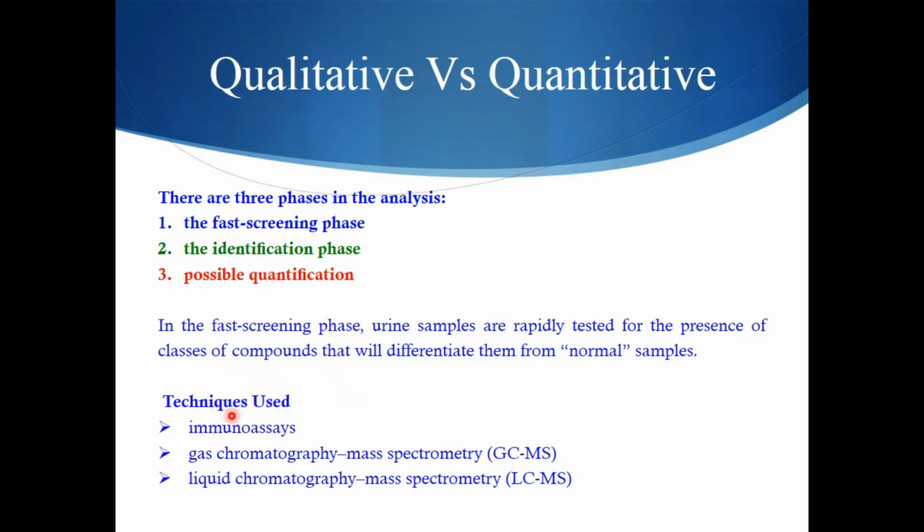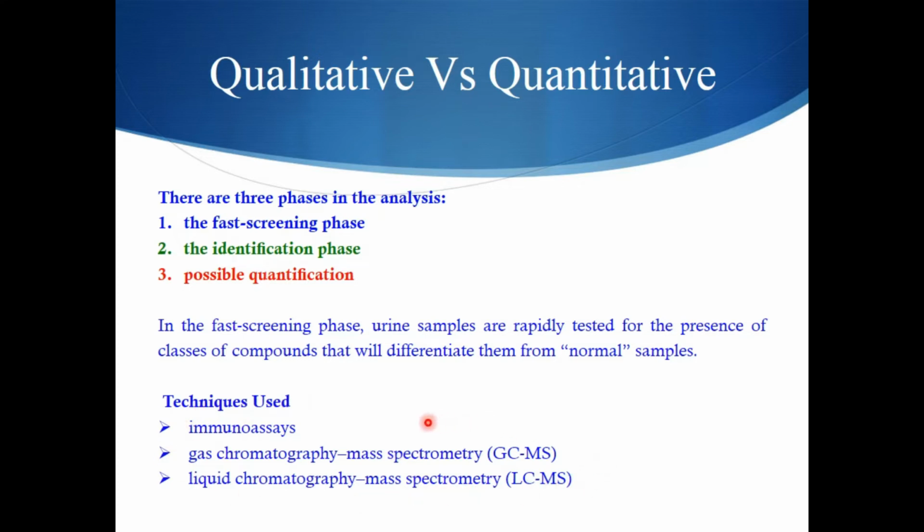For this purpose, the techniques used are immunoassays, gas chromatography coupled with mass spectrometry, and liquid chromatography coupled with mass spectrometry. So you can see that for qualitative analysis, these are the techniques used.